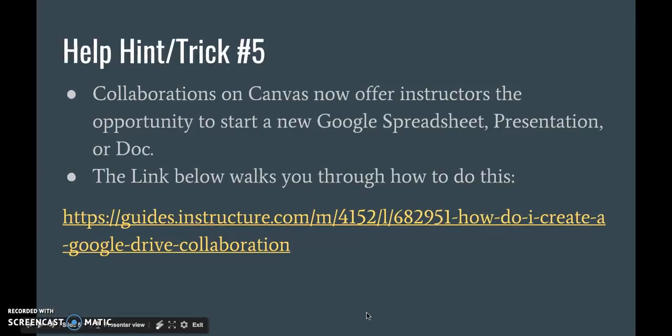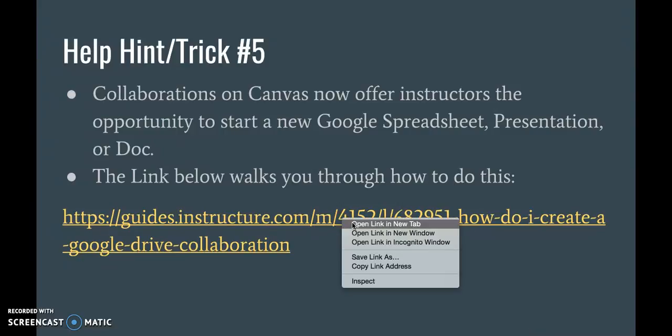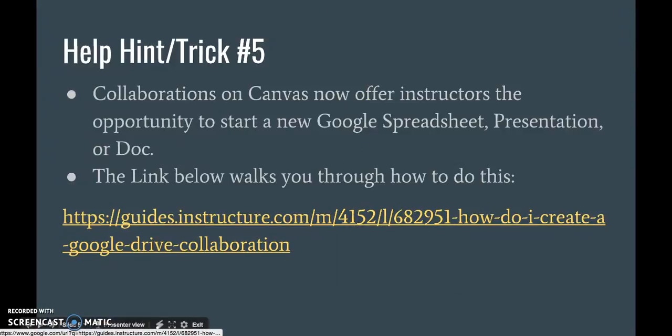Before it was just a Google Doc, so kind of like Microsoft Word. But now you can open up a Google spreadsheet, presentation, and a doc, which is so awesome because it gives you way more opportunities to be creative and collaborate. So we're going to look at how you can actually do this.